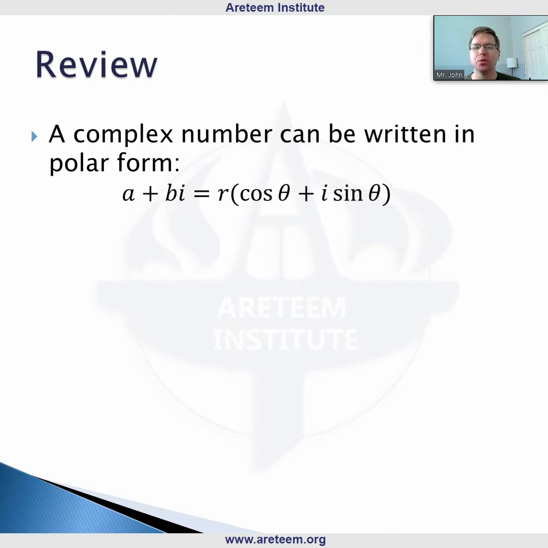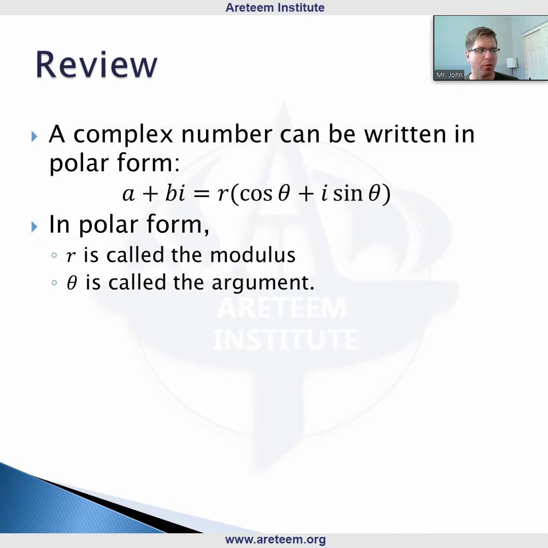Little review to start. Remember that any complex number we can write in rectangular form and also convert that into polar form. So that is what we can do for these different types of numbers. When we have it in polar form, we then have the modulus. So that is our radius in a sense, the distance from 0, and theta is the argument.